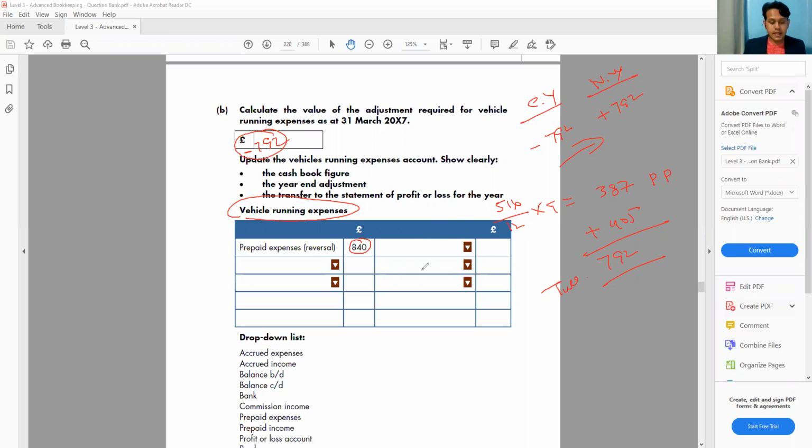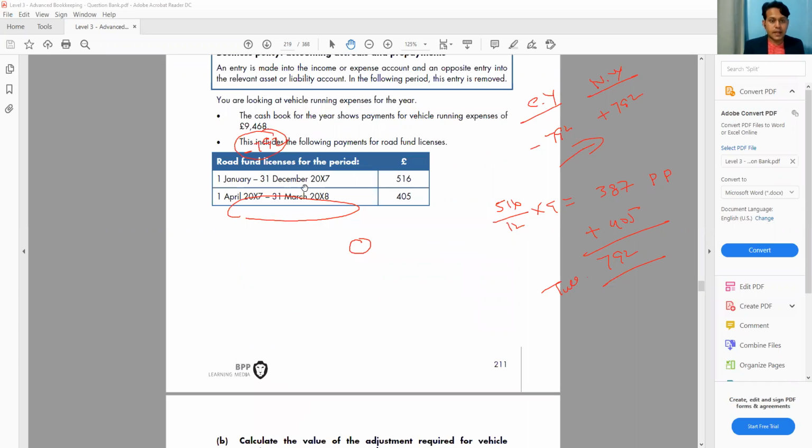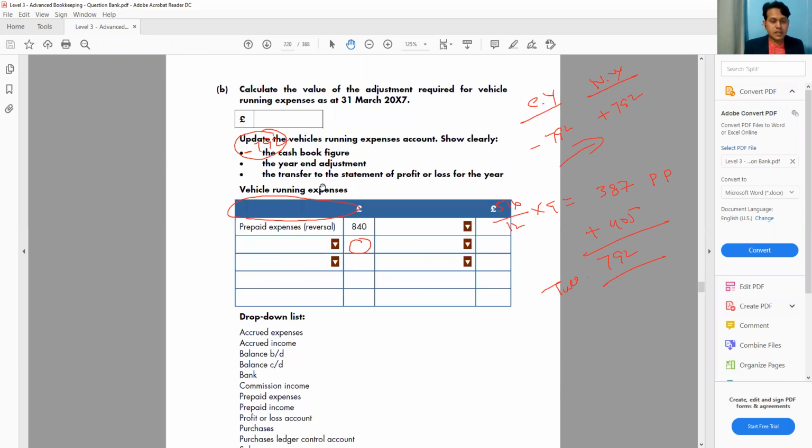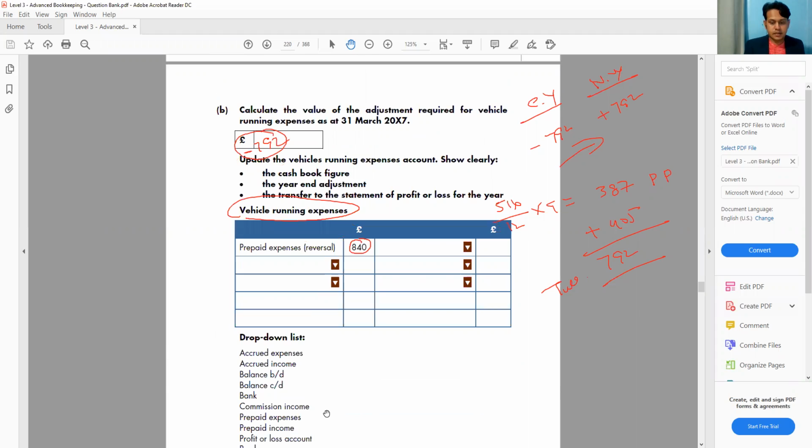And the question said, how much did we pay from the bank? Our cash book said the payment for the vehicle running cost is 9,468. So vehicle running cost is debit and bank is credit. So on the debit side, I'm going to write bank, that is 9,468.